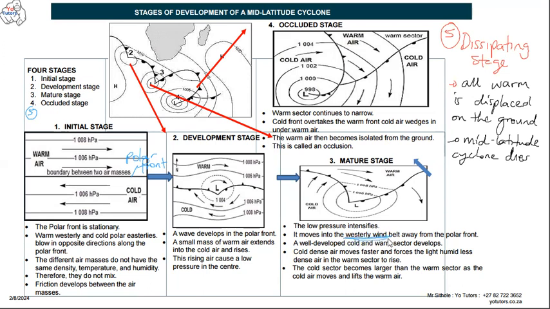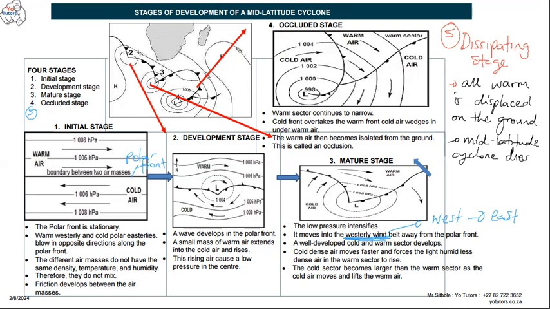They actually occur in the westerly wind belt. The westerly wind belt is the one that causes the cyclones to move from west to east. So if they ask you what is behind the direction of mid-lat cyclones, you must know that they are in the westerly wind belt.